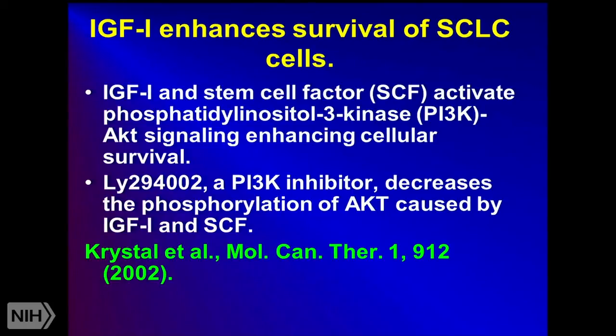So the IGF-1 then enhances survival of the small cell lung cancer cells, and it phosphorylates the PI3 kinase, leading to phosphorylation of the AKT and increased survival. So the PI3 kinase inhibitor, LY294002, inhibits the phosphorylation of AKT caused by IGF-1.